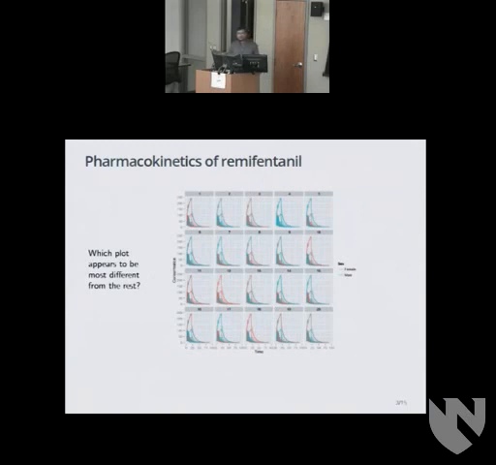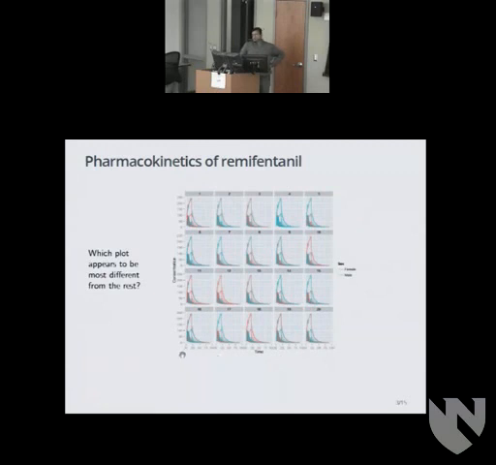This picture shows the pharmacokinetics of remifentanil. Remifentanil is a sedative medication that is administered through the bloodstream of the patient. The x-axis here shows the time.